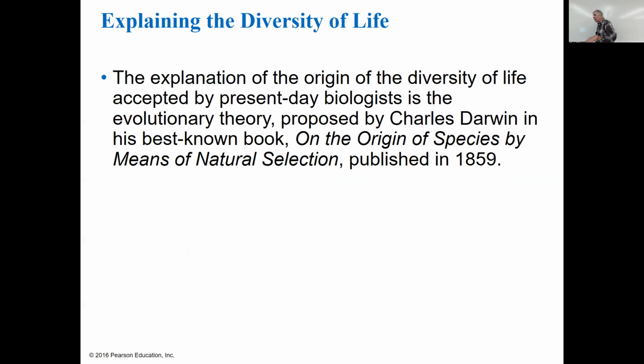Okay, so the explanation of the origin of diversity of life accepted by present-day biologists is the evolutionary theory proposed by Charles Darwin in his best-known book, On the Origin of Species by Means of Natural Selection, published on November 24th, 1859.